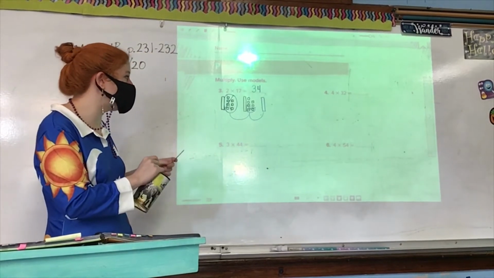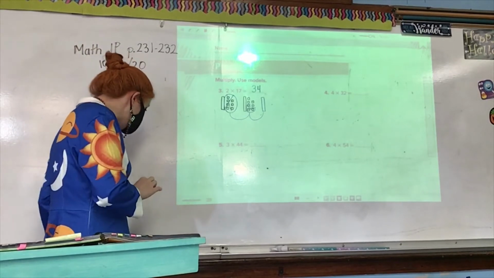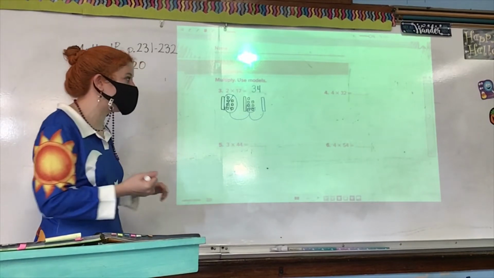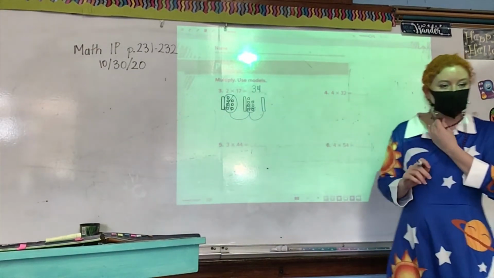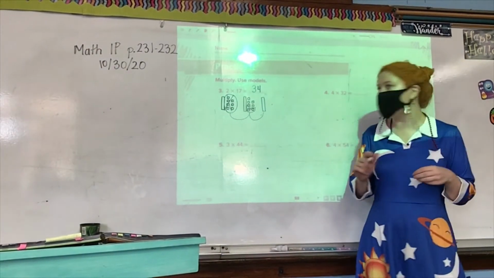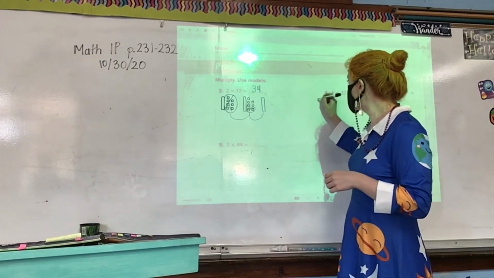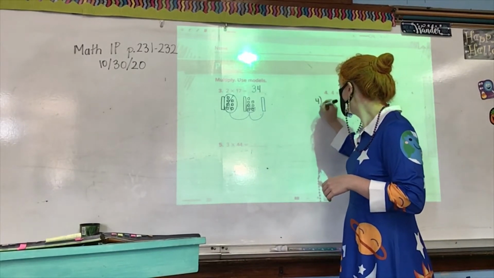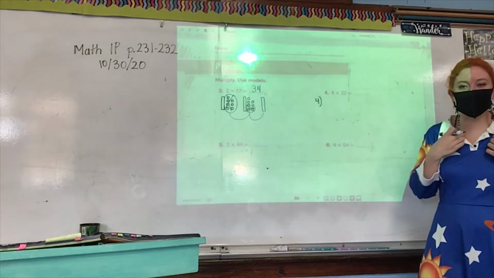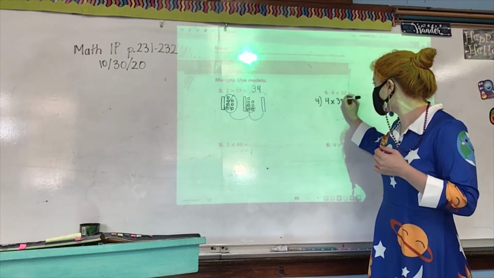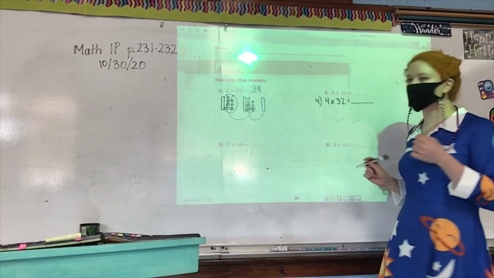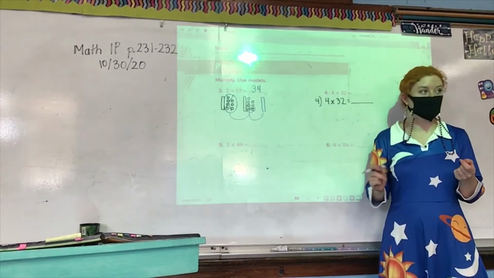Okay, number 4, we have 4 times 32. Ethan, what's the first thing that we need to do? Well, first of all, let's go back to our extra sheet of paper. You can draw a squiggle underneath number 3, and then put number 4 to the left of the pink line, and always make sure to rewrite the equation that you are solving so that you don't make a silly mistake and remember the equation incorrectly.